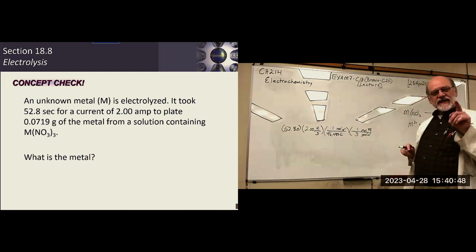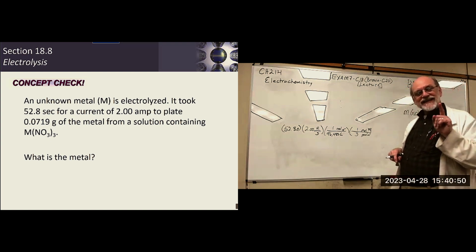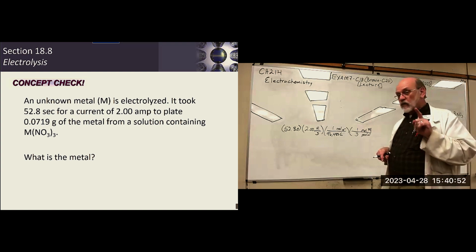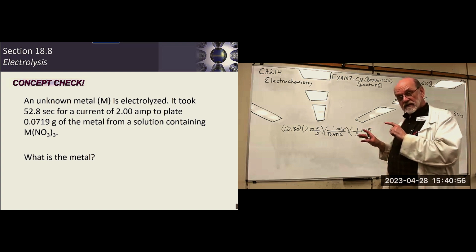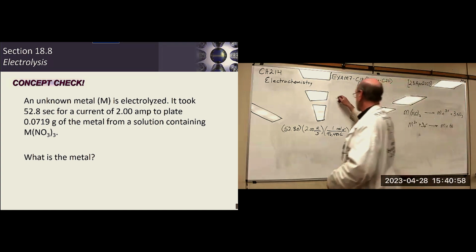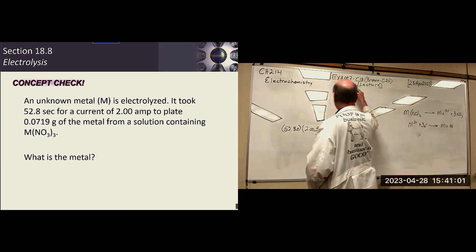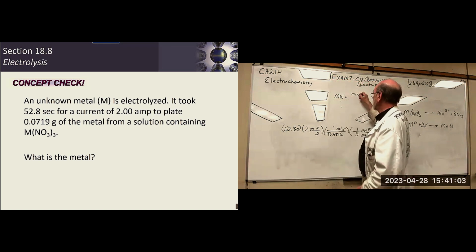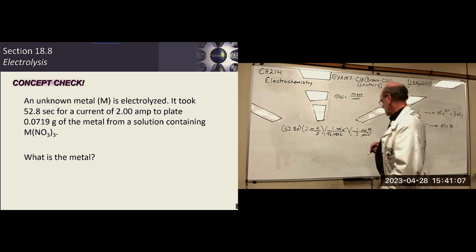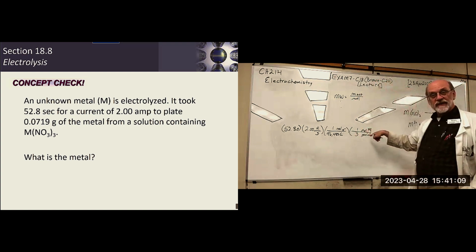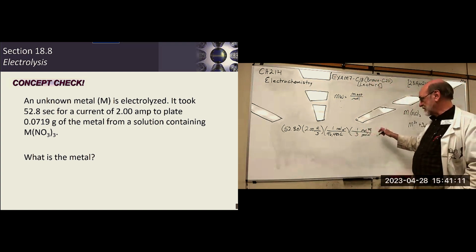Now, I did skip one thing. We want to identify the metal, right? We don't know how many protons it has, but we could possibly determine the molar mass. So the molar mass of this metal would be the mass per mole of the metal. This is going to tell us how many moles of metal there are.